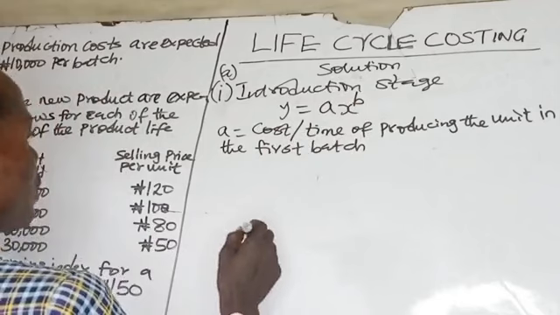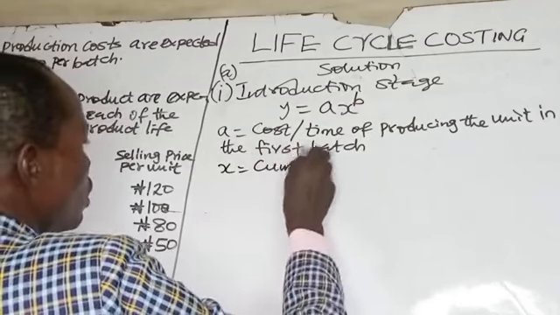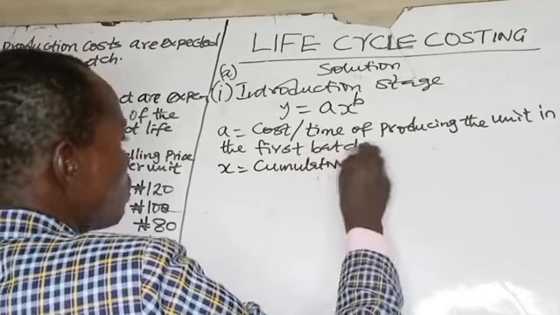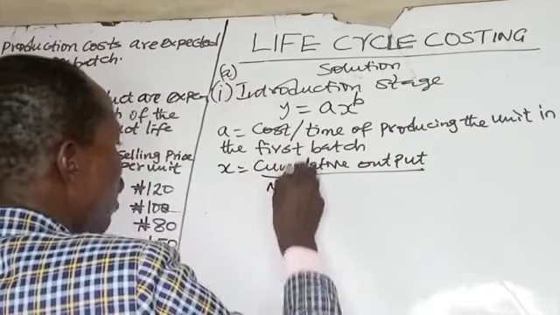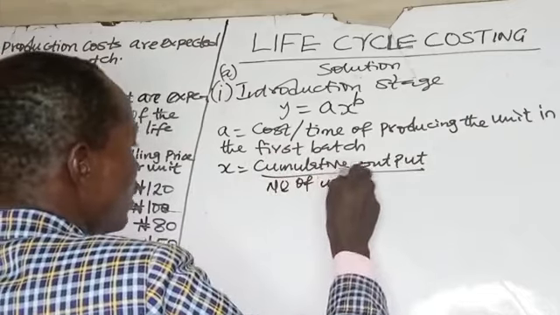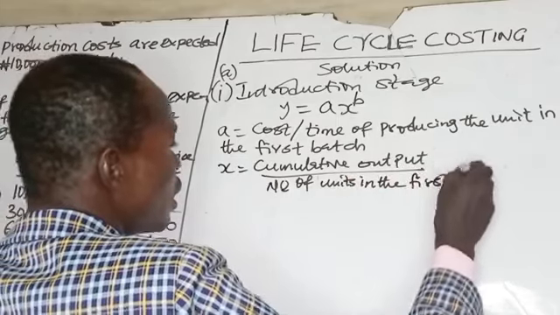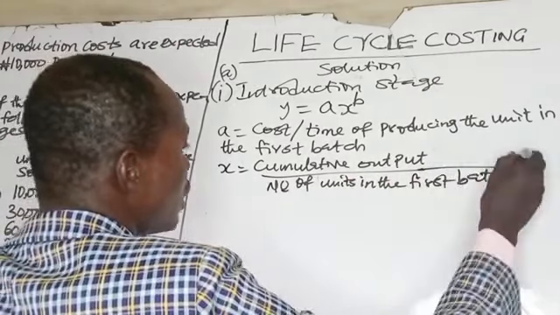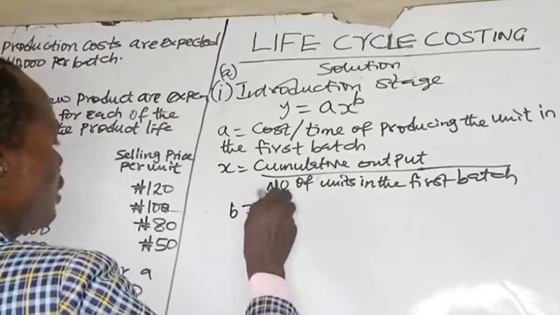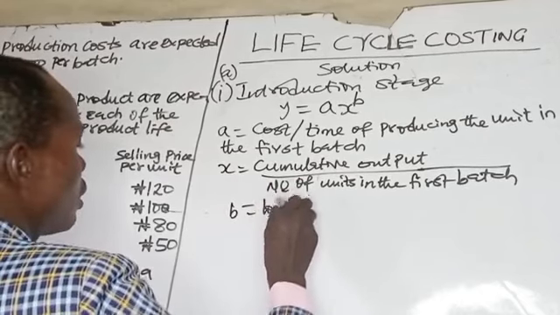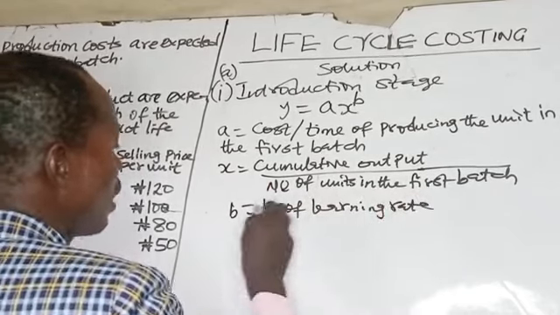Then X is cumulative output divided by the number of units in the first batch. Then b is the logarithm of the learning rate over log 2.